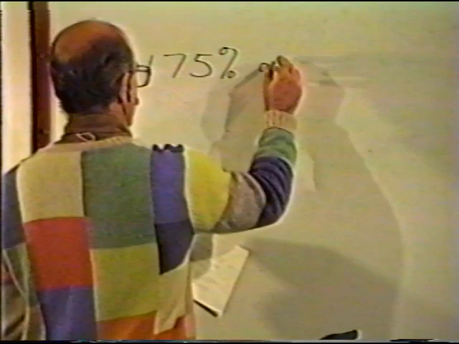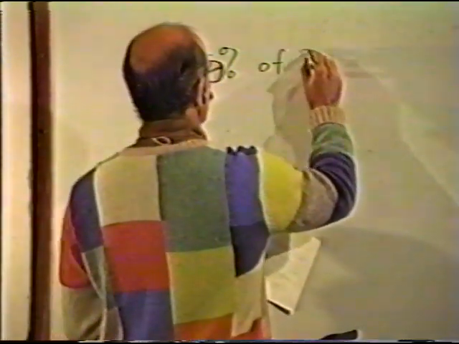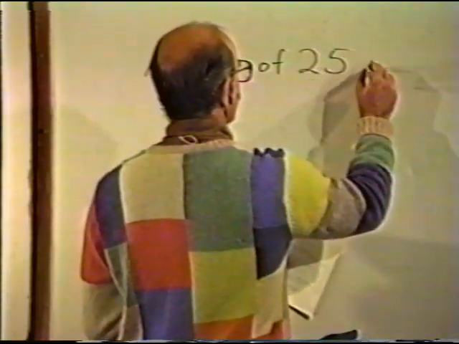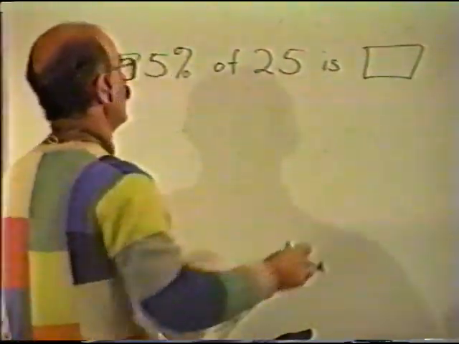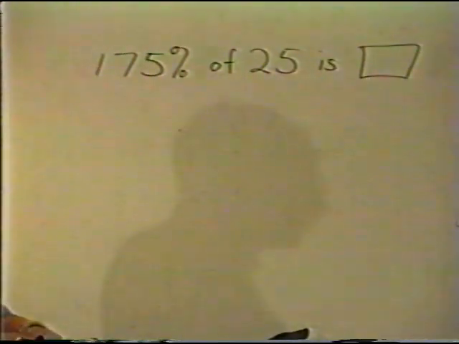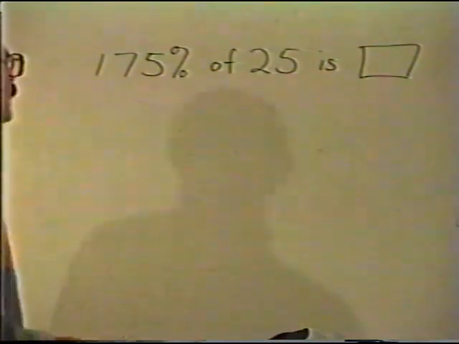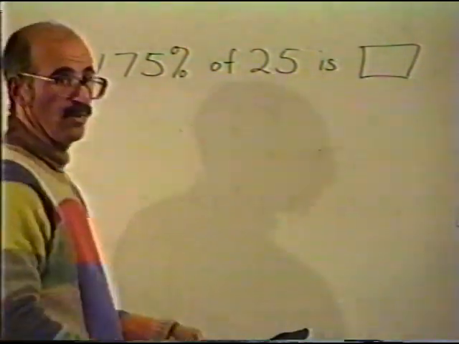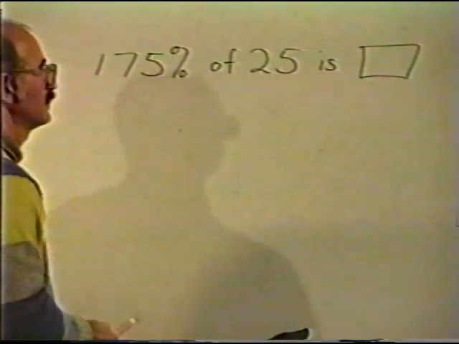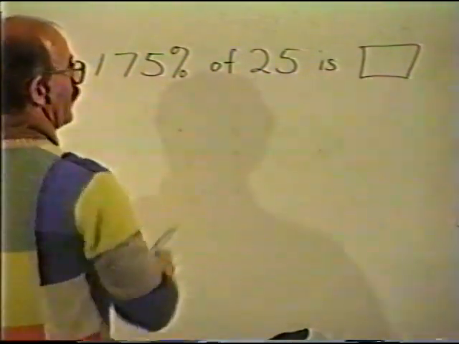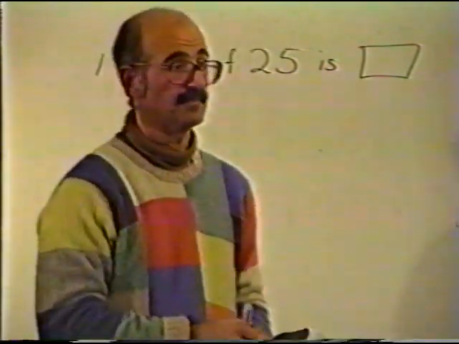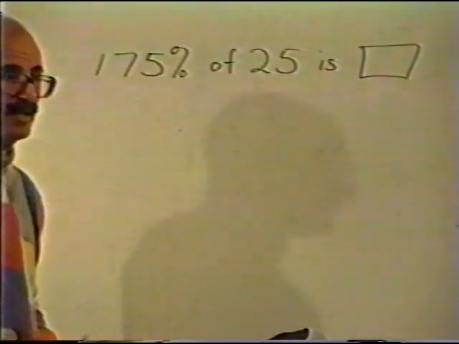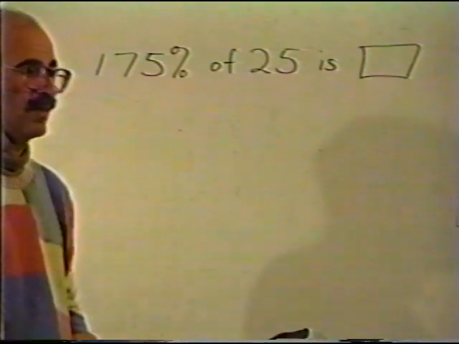175% of 25 is what? Do we know the percent? Yes. Do we know the whole thing? Yes, 25. Do we know the part of the whole? No. So therefore, it's type 1.